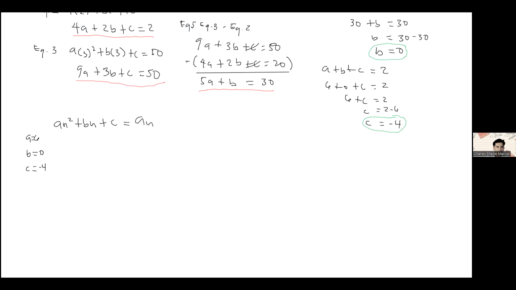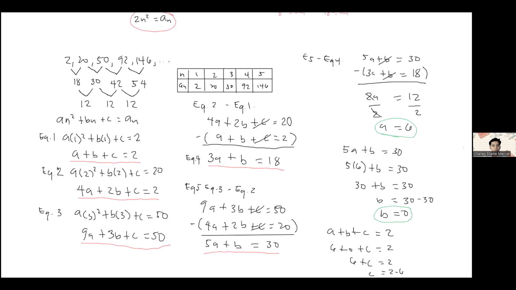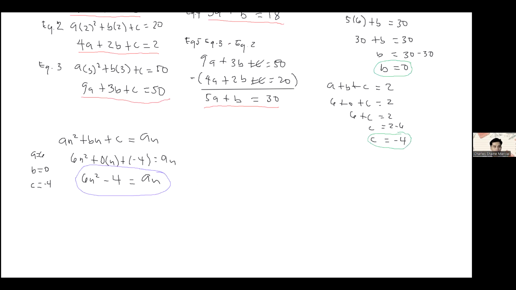Okay, so 6 n squared plus 0 times n plus negative 4 is equal to a sub n. So 6n squared minus 4 is equal to a sub n. So ito na yung general term natin. Alright. So the general term of the sequence 2, 20, 50, 92, and 146 is 6n squared minus 4.